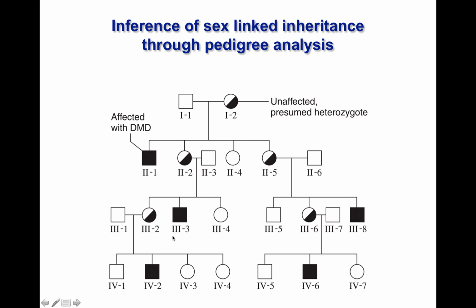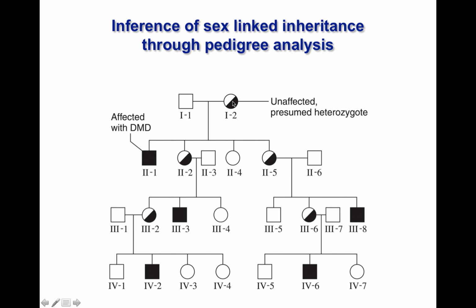This individual, this one, and this one, they're all males. What we can infer then is that the female parent of all the males that are affected probably is heterozygous.